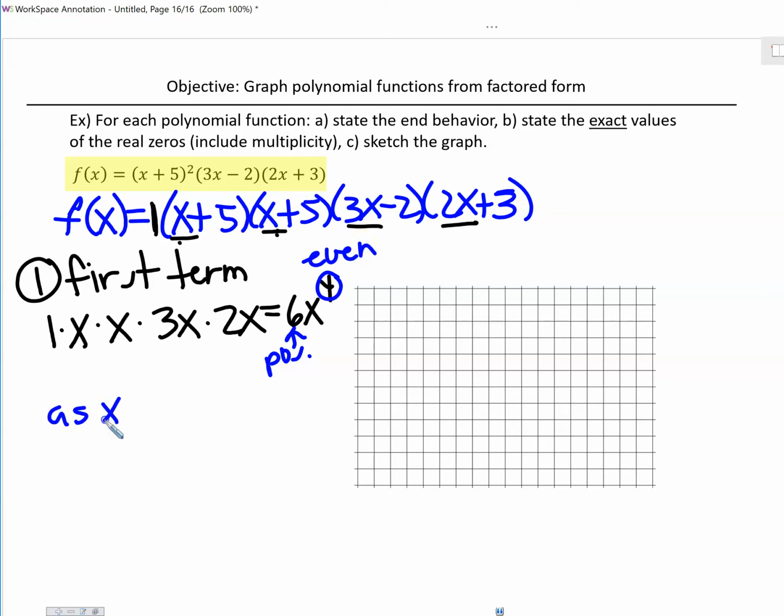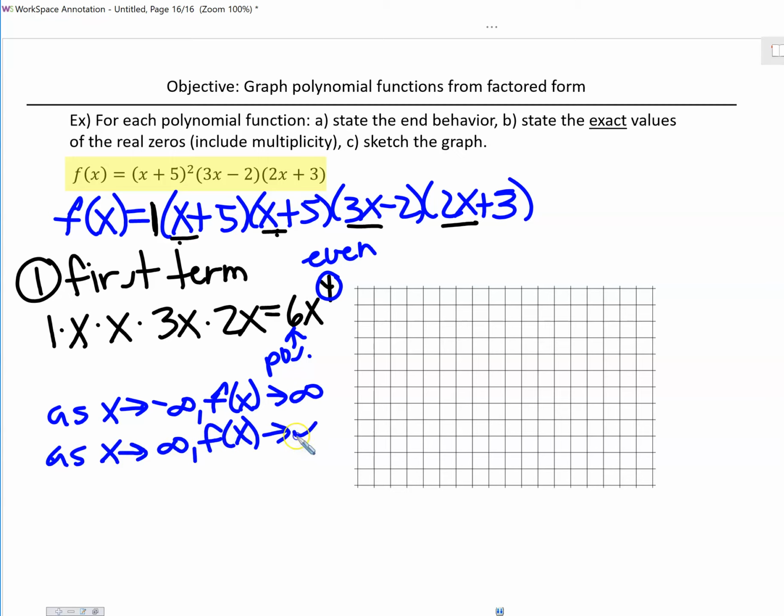So as x goes to negative infinity, our function values will go to positive infinity. As x goes to positive infinity, the right end, the function values go to positive infinity. So that takes care of the first part.